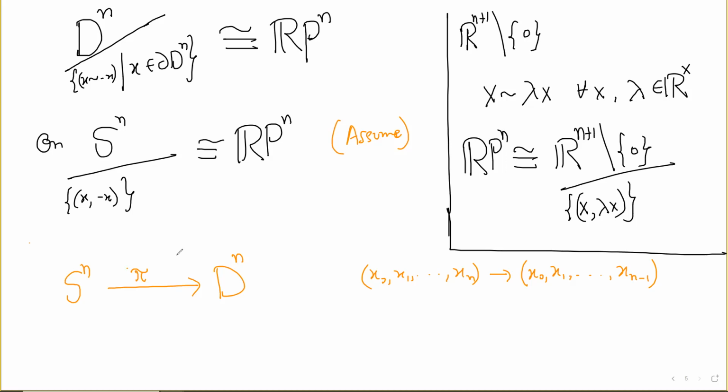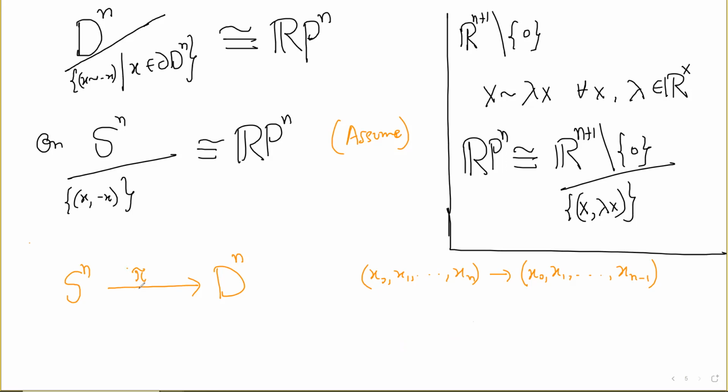It is not a local homeomorphism, I'm wrong, because near the equator, if you take a neighborhood around any point on the equator, it is not injective there. If you flatten it, of course it's not. I was going to say it's a covering map, but it's not a local homeomorphism. Okay, so it's a quotient map. That's all we need.